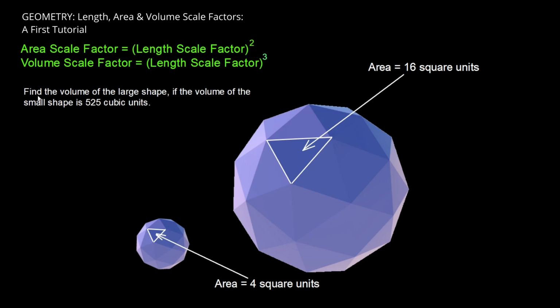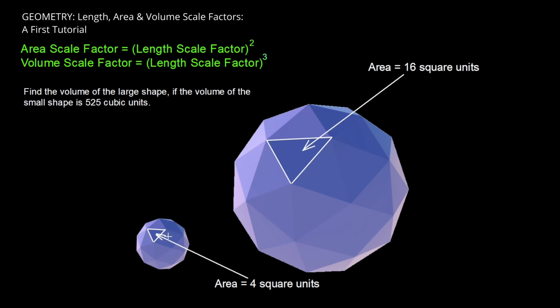And the question asks us, find the volume of the large shape if the volume of the small shape is 525 cubic units. So the question is asking us about volumes, but all we know are areas. And as I hinted before, if we can go back to the length scale factor, we can work out everything about these 2 shapes. So let's have a go.